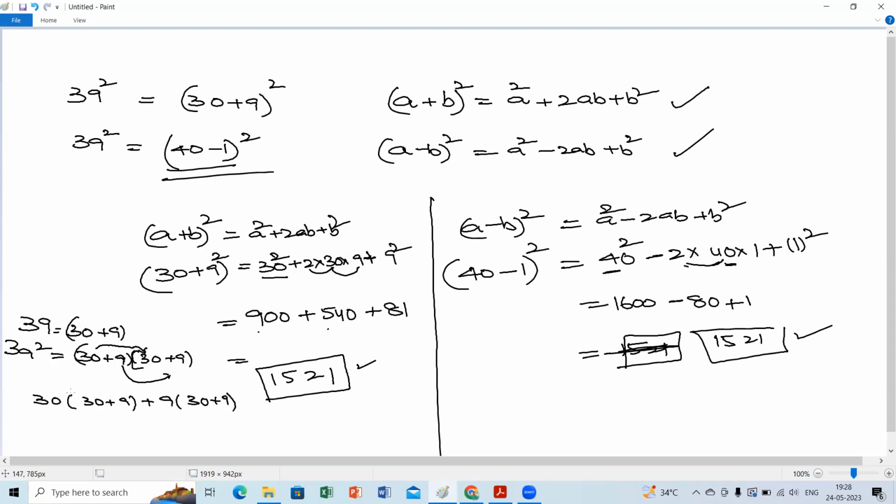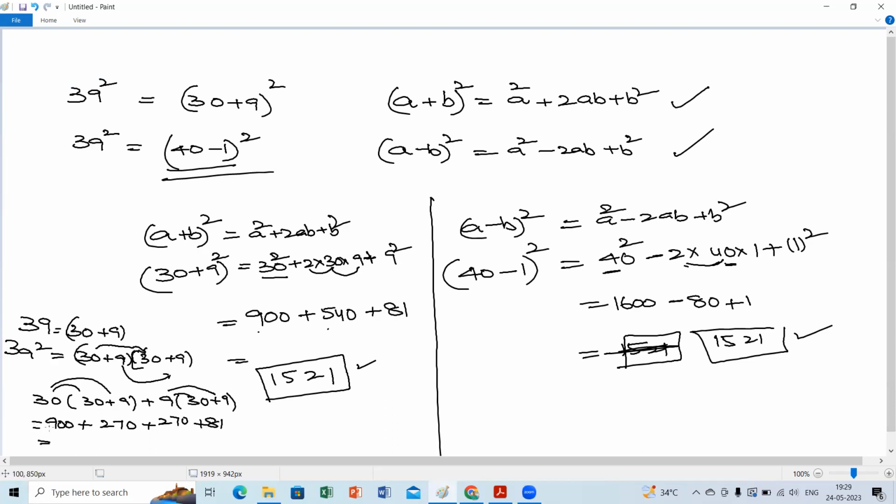Once again, it is the distributive property. 30 into 30 is 900, plus 30 times 9 is 270. Same way, 9 into 30 is 270, and 9 nines are 81.